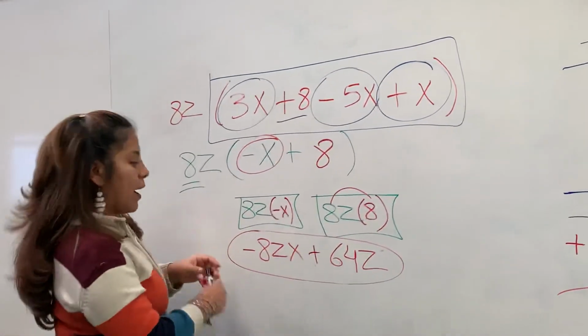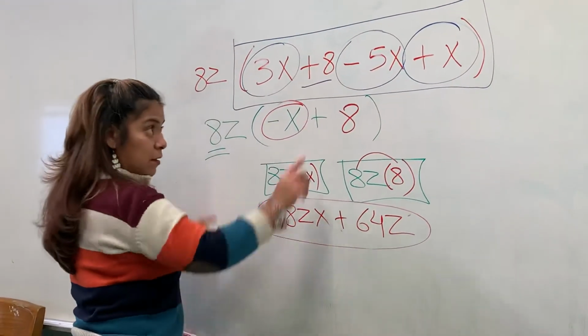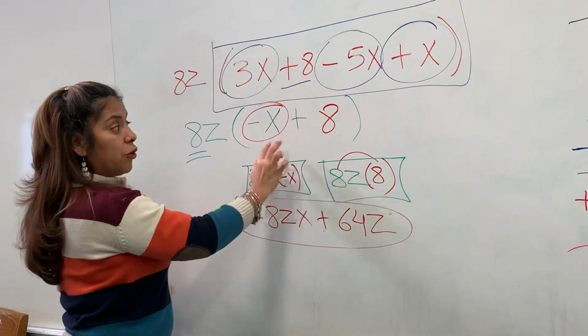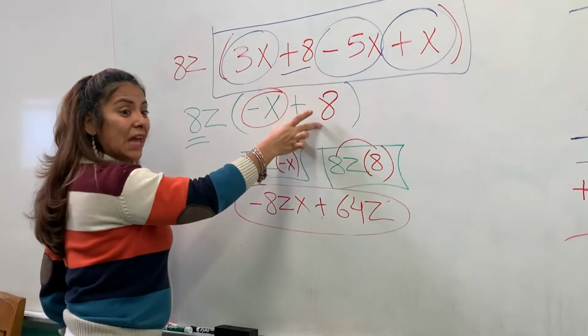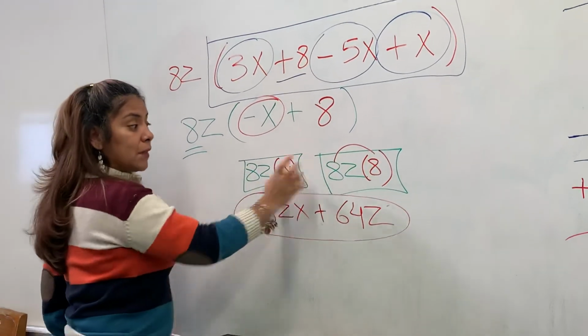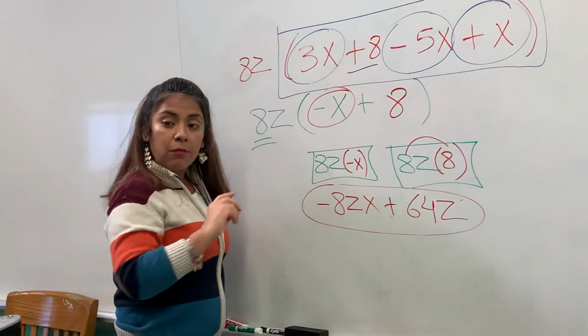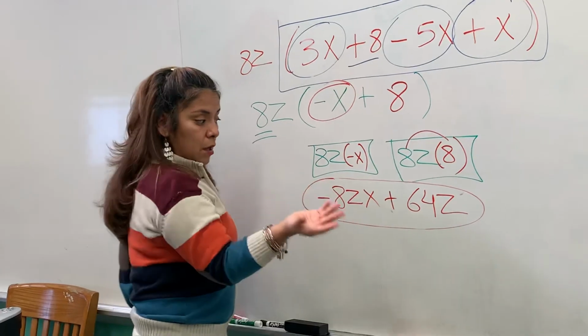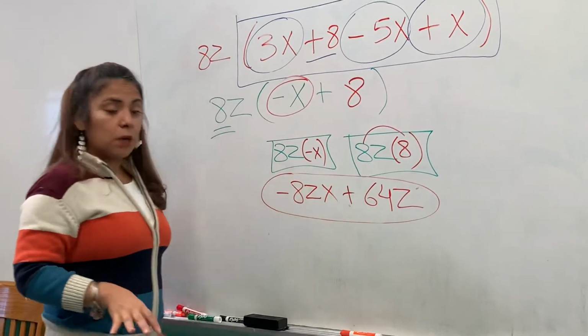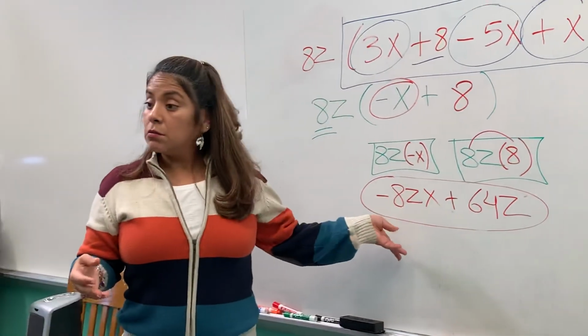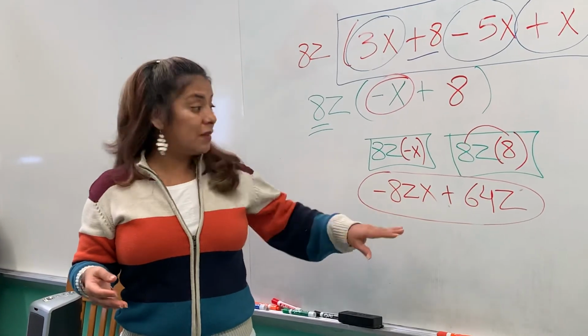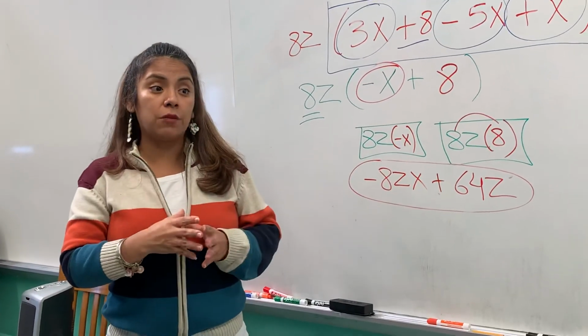Following by, once you have simplified the inside parentheses, then you're going to count how many terms you have inside there. That will give you the boxes that you're going to write, and you're going to use the distributive property by multiplying each of the terms. At this time, you cannot do anything else because you don't have any more like terms. This is the end of the simplification of expressions.